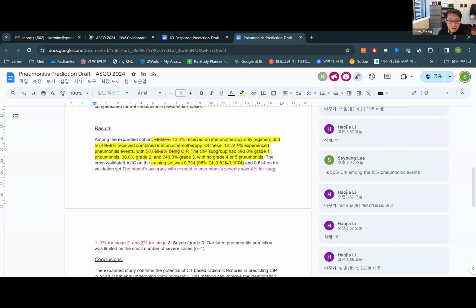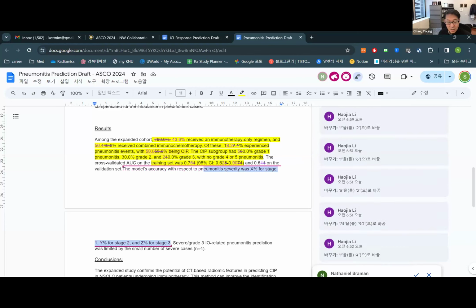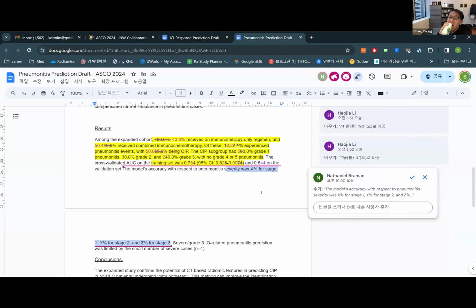Oh, so what is stage 1 to 3? Is that grade? Which one? These? I think these are still waiting for the results to come, but I'll check with what stage these are.